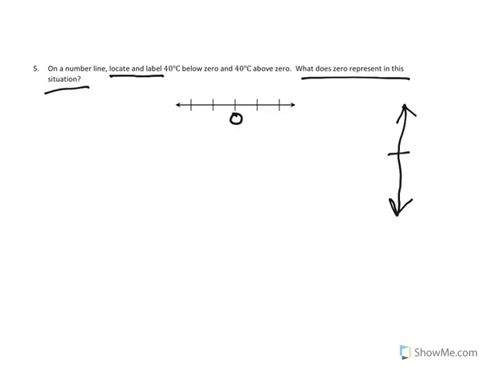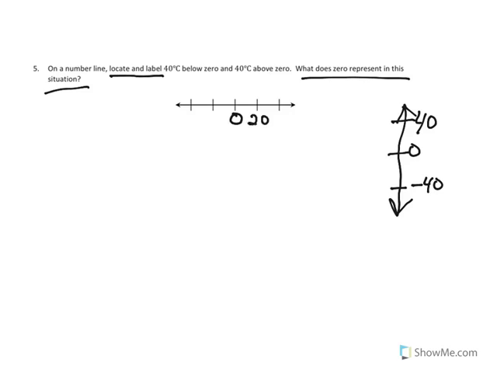So 40 degrees below would be located here, and that's usually listed as -40. And 40 degrees above, we should remember, is positive, so that goes up top as a positive. Now we know on a number line where to put it.